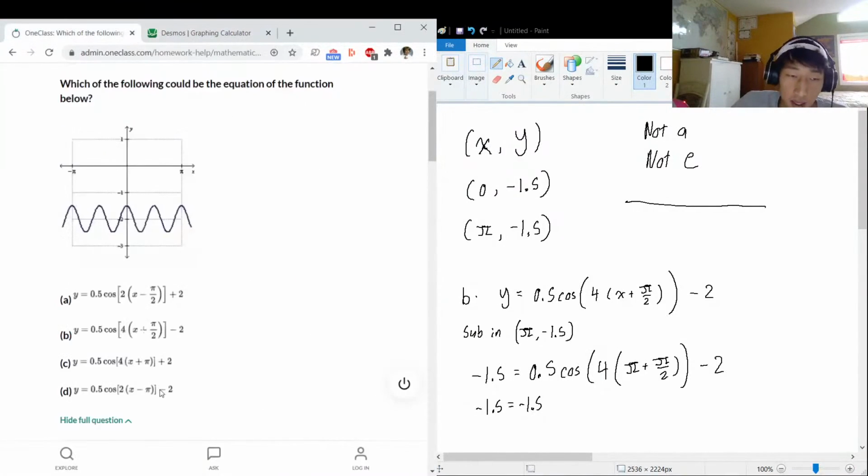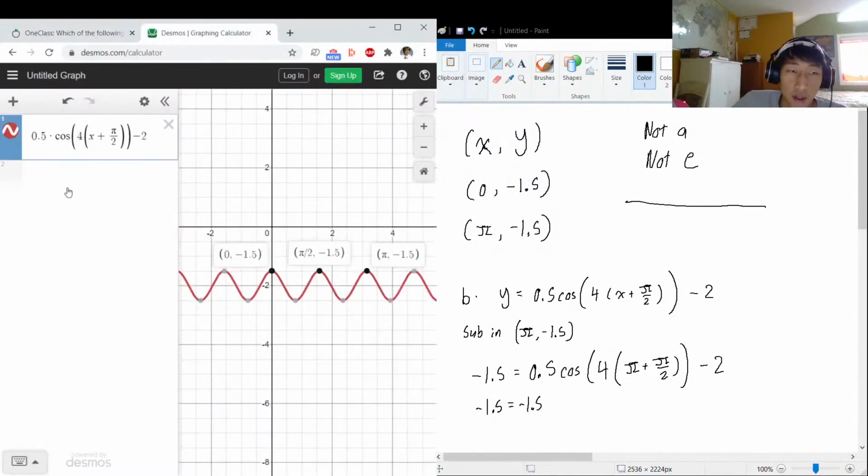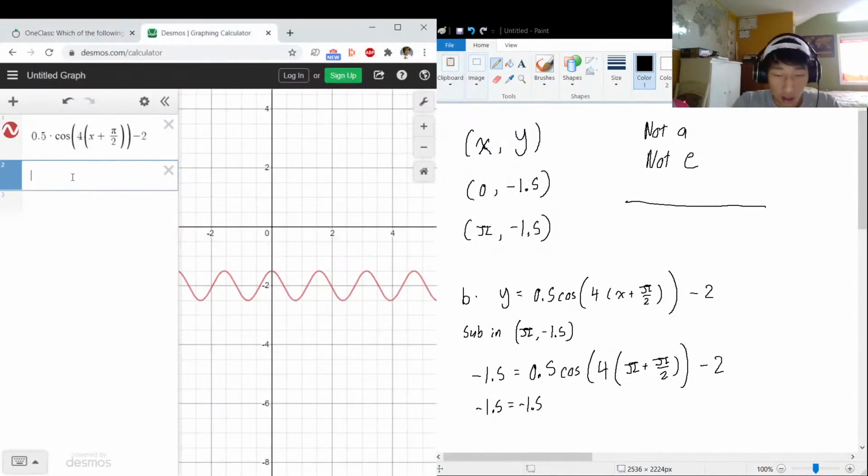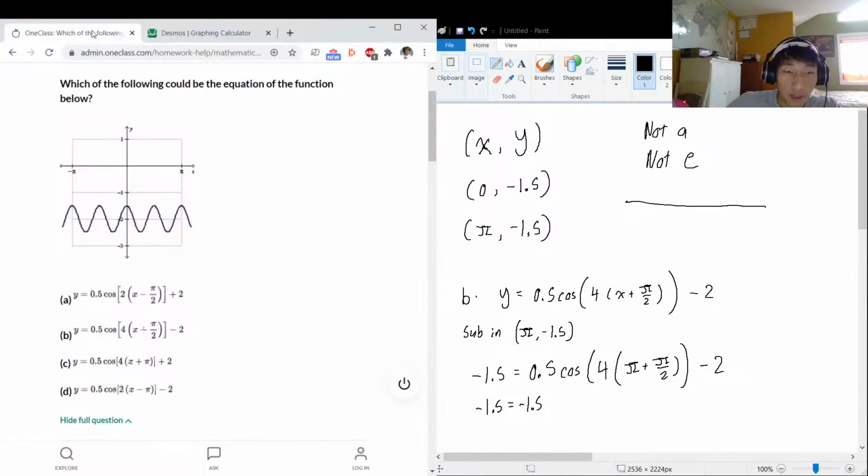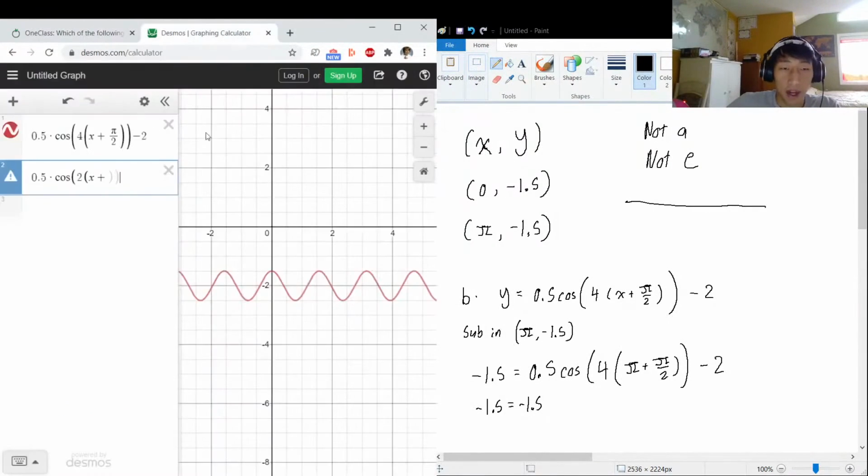Let's see D. If we plot D, we should see that this is definitely not the same. So I'll plot that. 0.5 times cos of 2 times (x minus pi), minus 2.